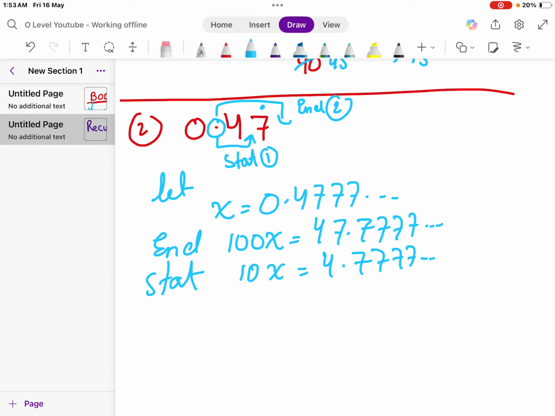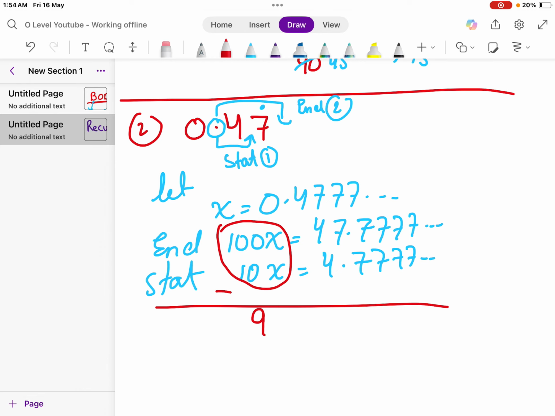So now we need to subtract these two values. Again 100 minus 10 will become 90, and 47 minus 4 will be 43, and you can see the 7777 all subtract, it will become 0, so you don't need to write them.